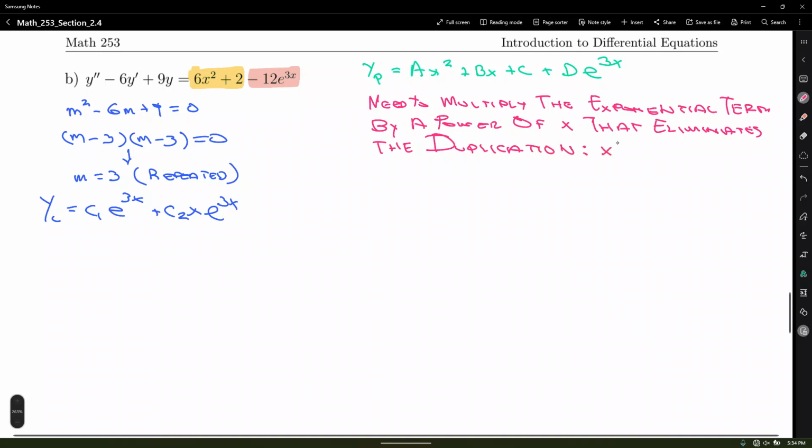In this case, x squared. Because what do we have in the homogeneous solution? Well, x to the zero power essentially, and x to the first power.